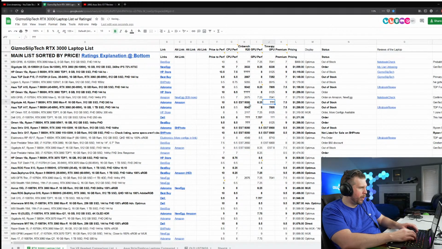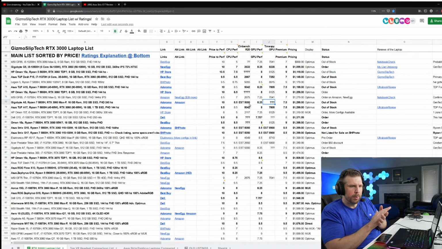I think doing estimates is probably the best thing I can do to give people a rough guide, unless it's just too much of a question mark, because the CPU is easier to predict since we have known benchmarks. The GPU is harder to predict because we don't have rock solid benchmarks.